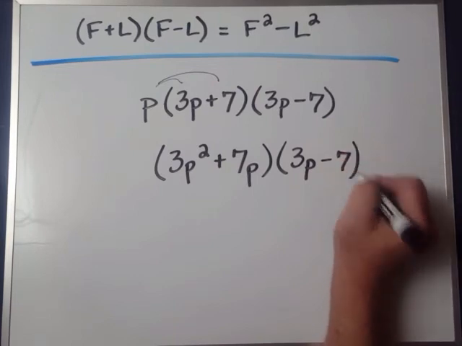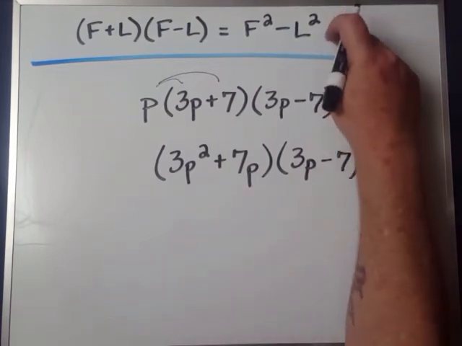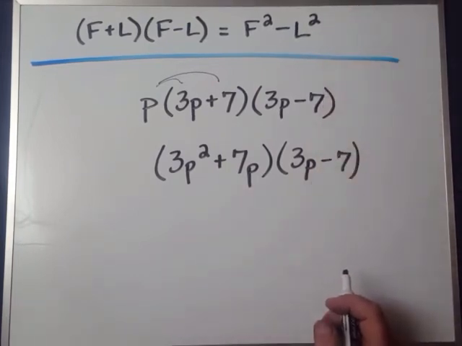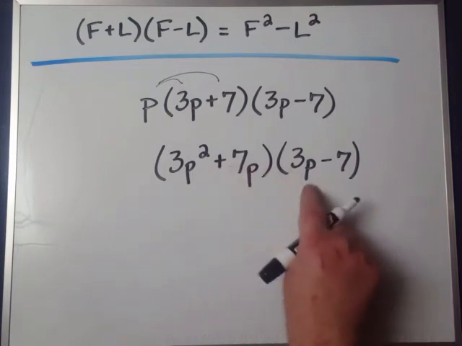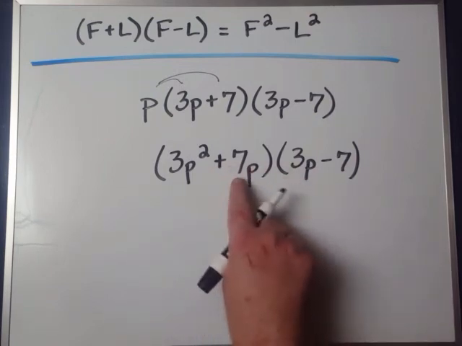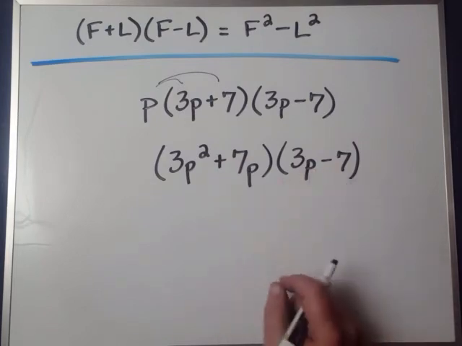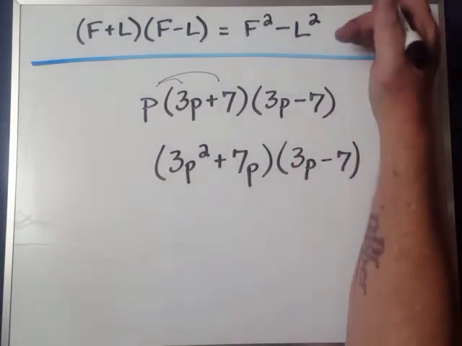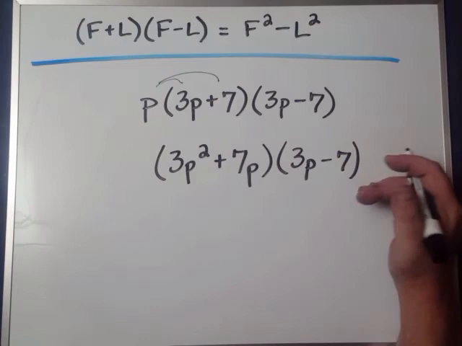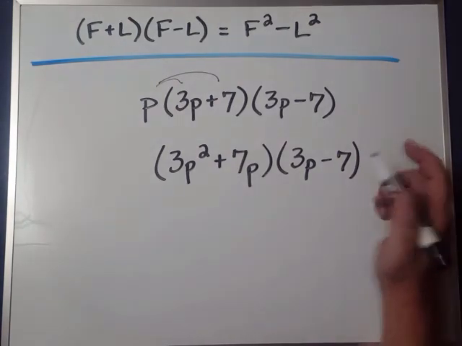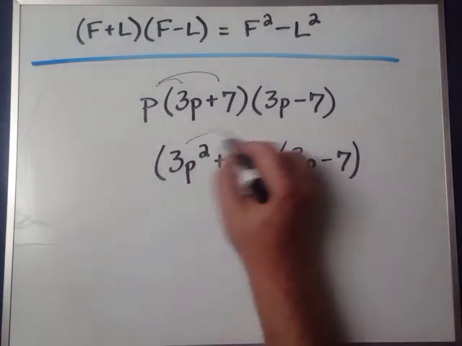And now please notice this does not match our pattern at this point. 3p squared and 3p are not the same. 7p and 7 are not the same. So even if I wanted to use my special product rule, I couldn't at this point. I would have to rely on FOIL.